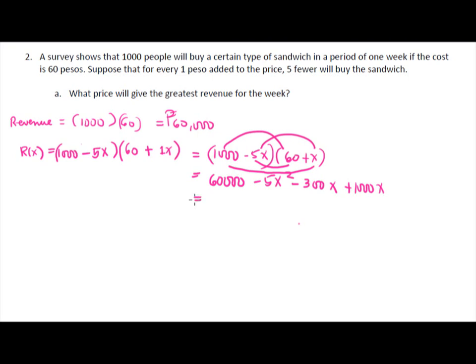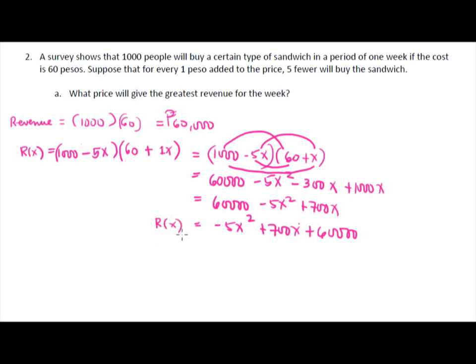We can simplify this into 60,000 minus 5x squared plus 700x. Then you can arrange it: negative 5x squared plus 700x plus 60,000. I hope it's still clear up to this step. So this is your revenue of x.